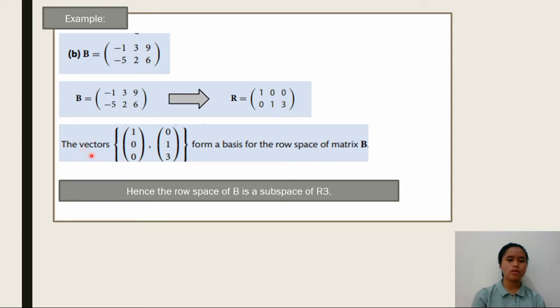So we have the vectors, and these form a basis for the row space of matrix B. Hence the row space of B is a subspace of R3. This is the application from matrix B in 3D.